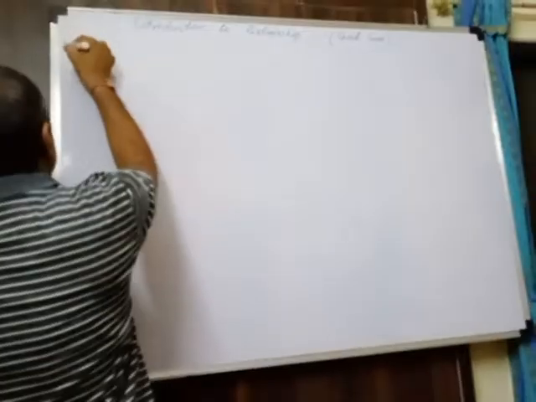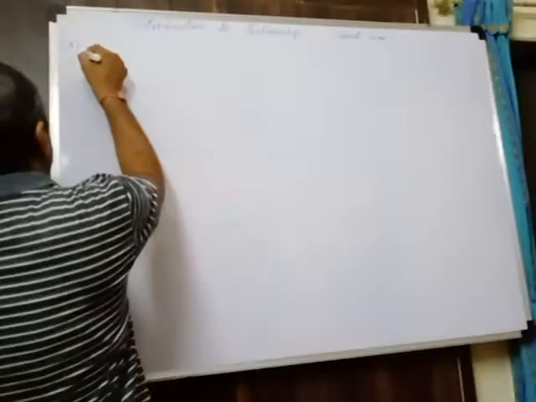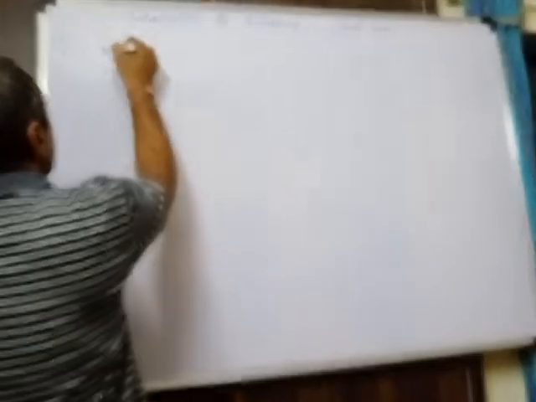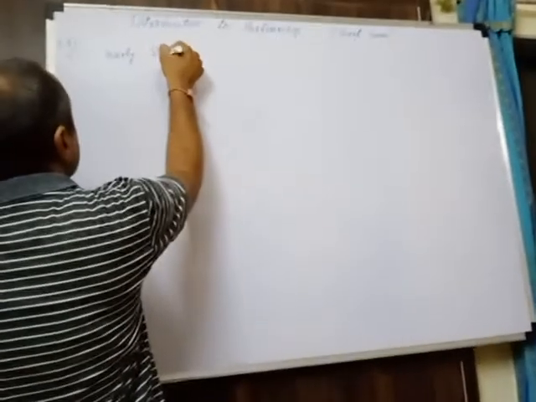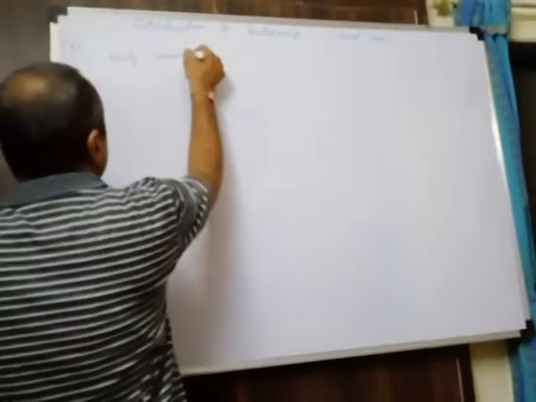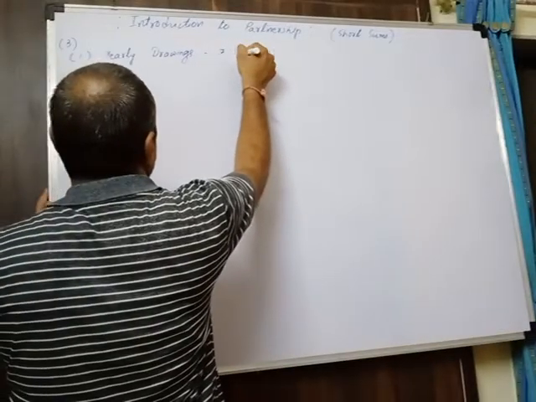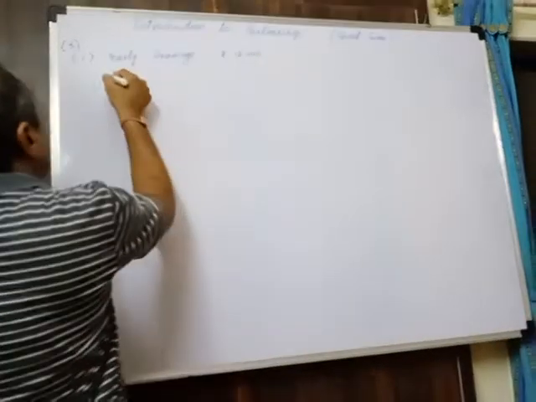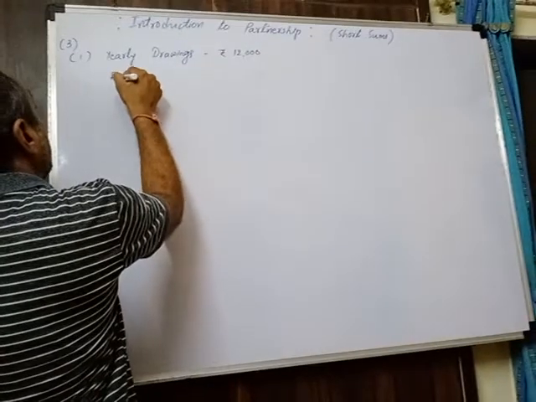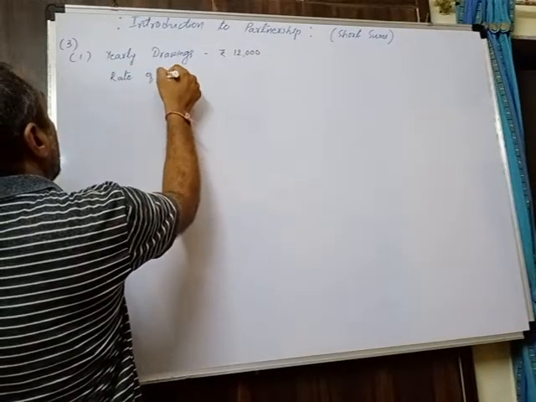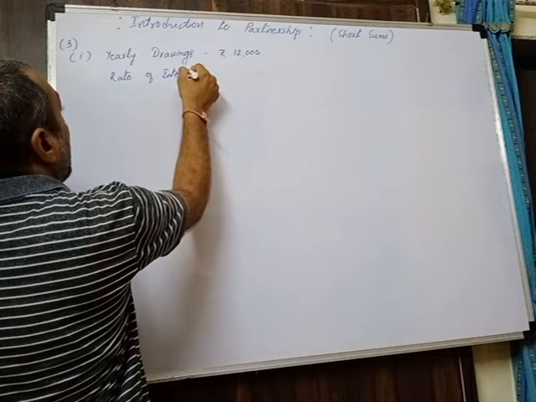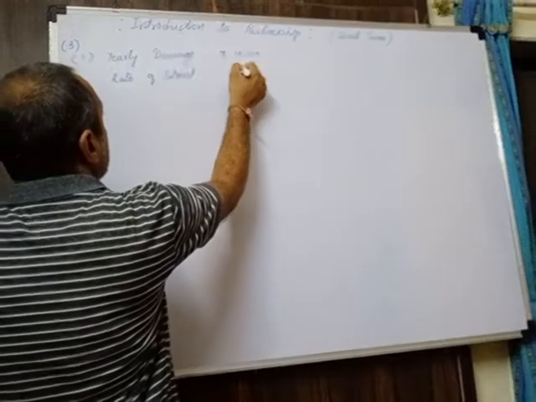See, question number 3, the first question, the yearly drawings it is given, yearly drawings is rupees 12,000. Okay, and rate of interest is available, 12%.